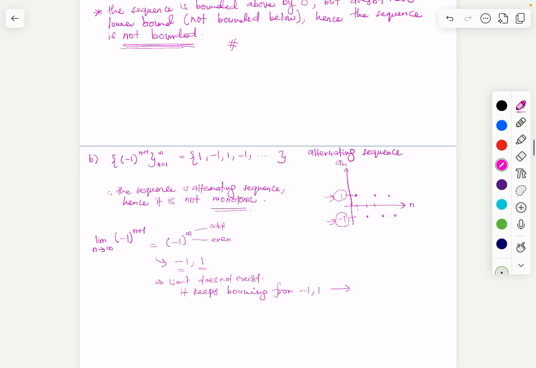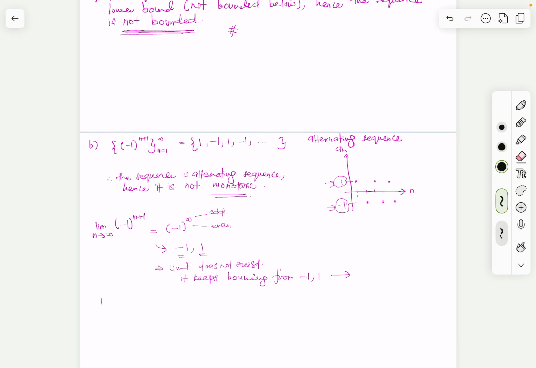So we can conclude that the sequence is bounded above by 1, because based on this sequence we expanded, the biggest number is 1, the lowest number is -1, and bounded below by -1.